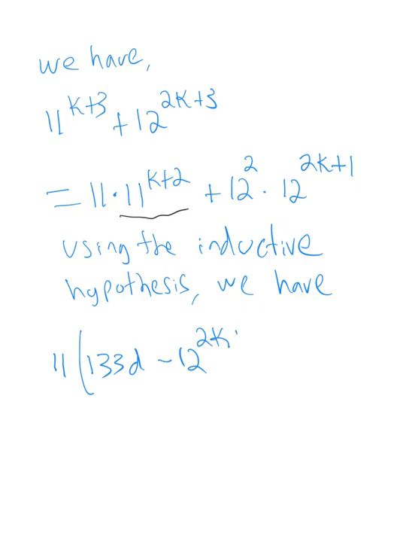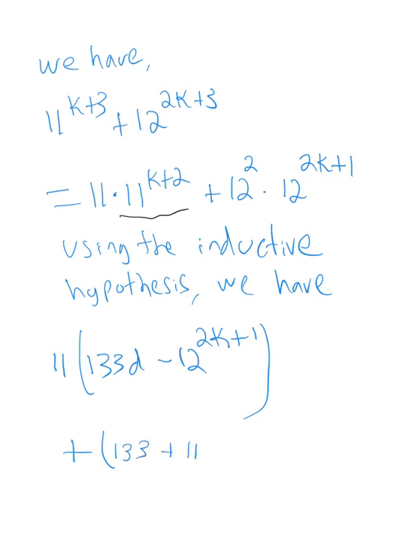Go back and look at what the inductive hypothesis is. So we have 11 times the quantity 133d minus 12 to the 2k plus 1, and then plus 12 squared, which is 144, but 144, isn't that 133 plus 11?